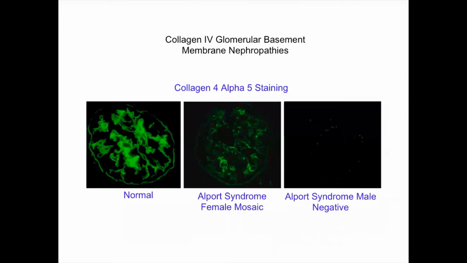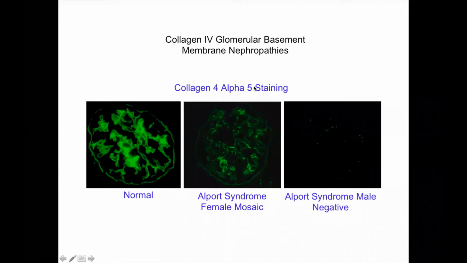This is how it looks on the collagen 4 alpha 5 staining, the alpha 5 chain of collagen 4, which is more common. As we said, with alpha 5 it is more likely to affect males, and the females are carriers who just pass it on to their male offspring.